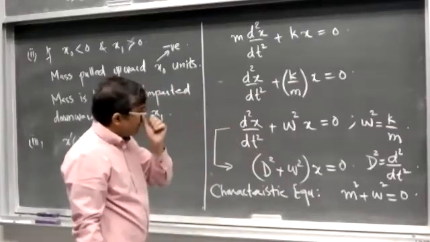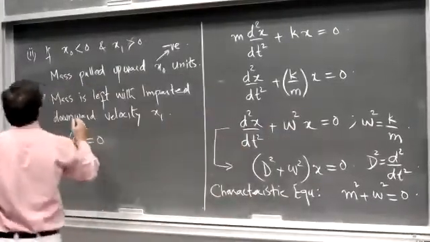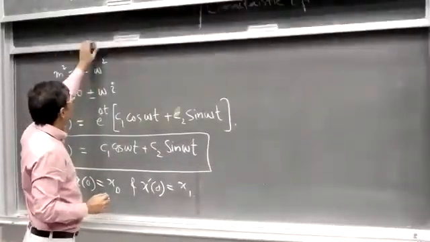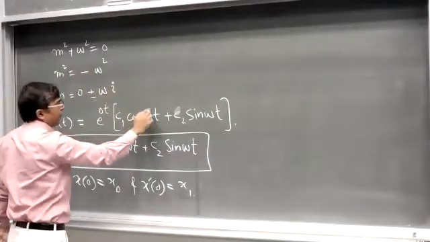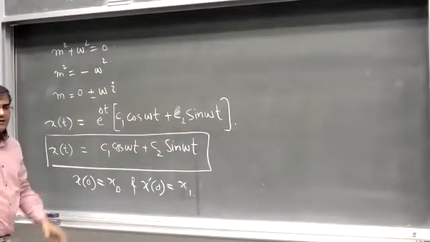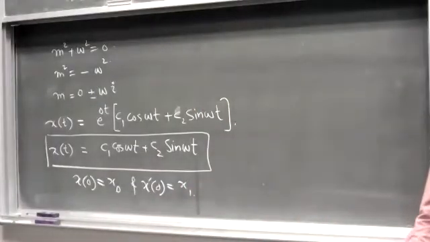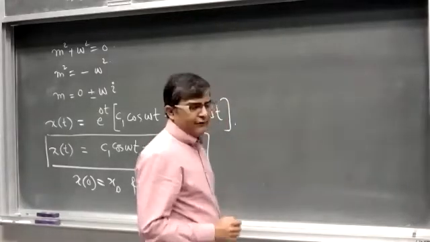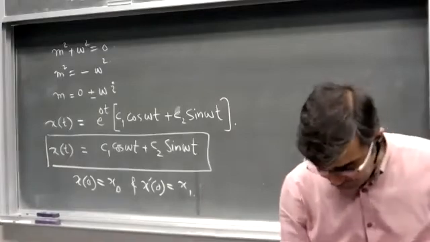Because if we put here only omega, we would have roots as square root of omega times iota, and we have to put square root everywhere. So just to avoid the square root in the calculations, we assume that it is omega square. And this omega is called angular frequency of that free undamped motion.